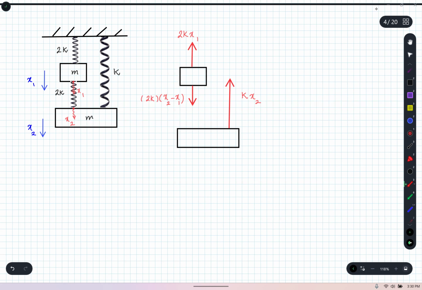And then we have the reaction on the other one, which is actually the same force. So I have my free body diagrams successfully there.